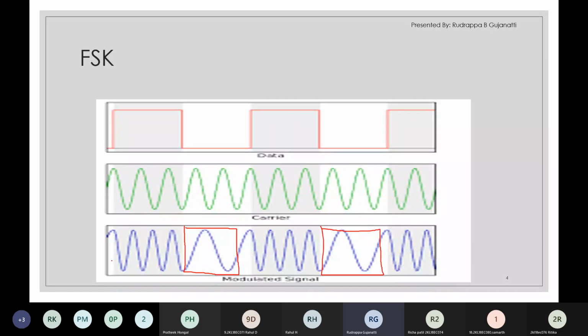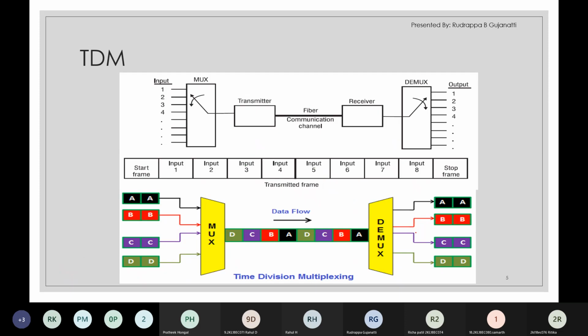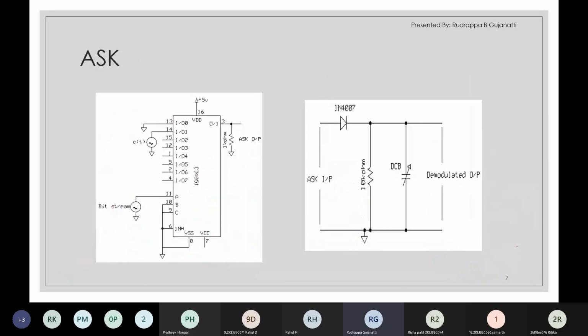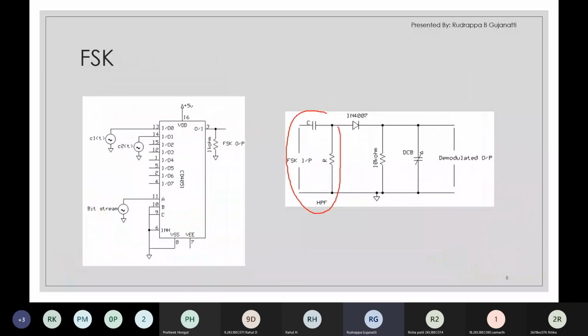So how do I do it? I make use of a high pass filter at the receiving end, which passes only the high frequency content. So this is actually a high pass filter.